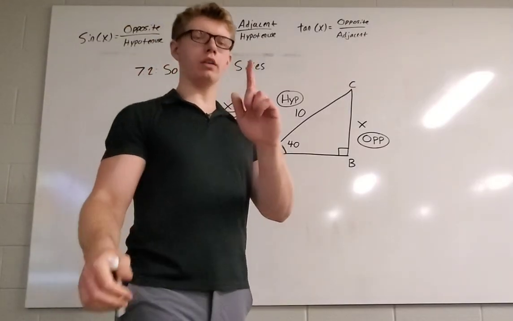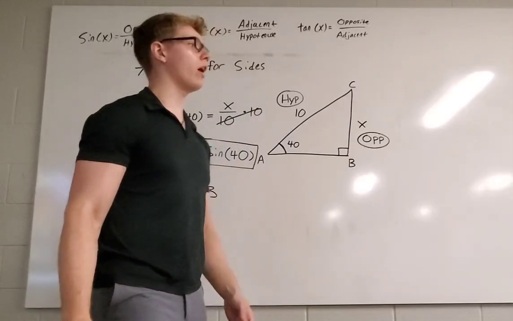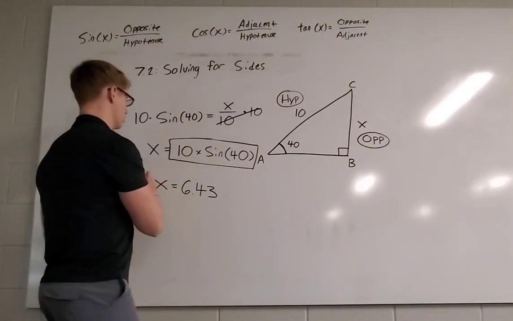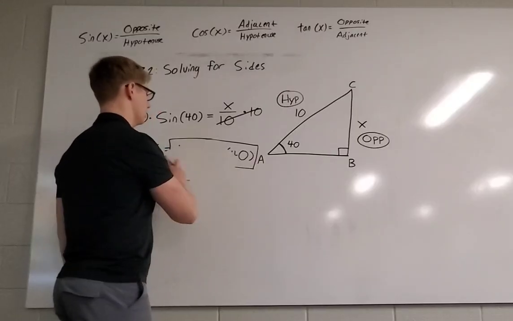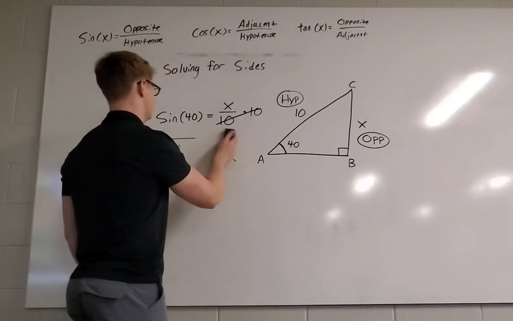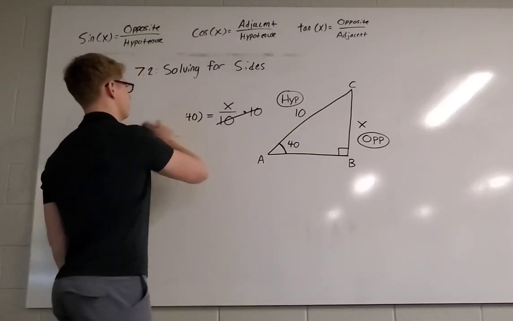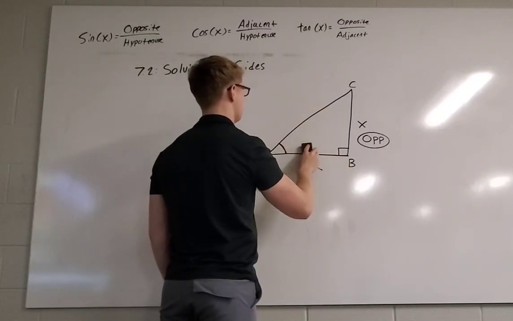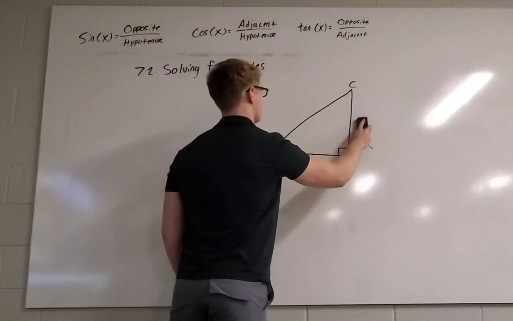That is one situation that could happen. Now, I'm going to change up the triangle just a little bit. All right? I am going to shift around some numbers, to make it a little bit more challenging, perhaps.